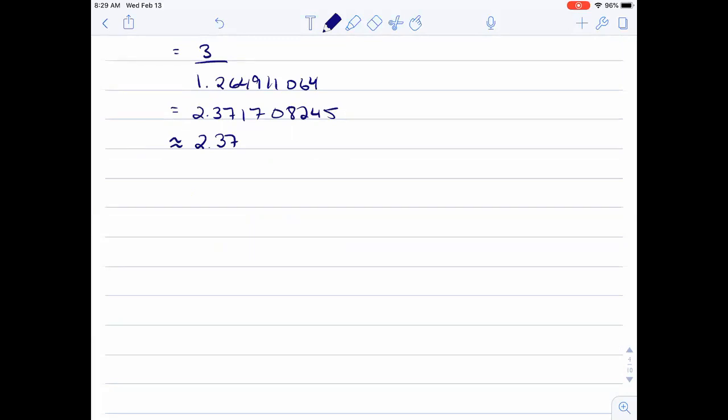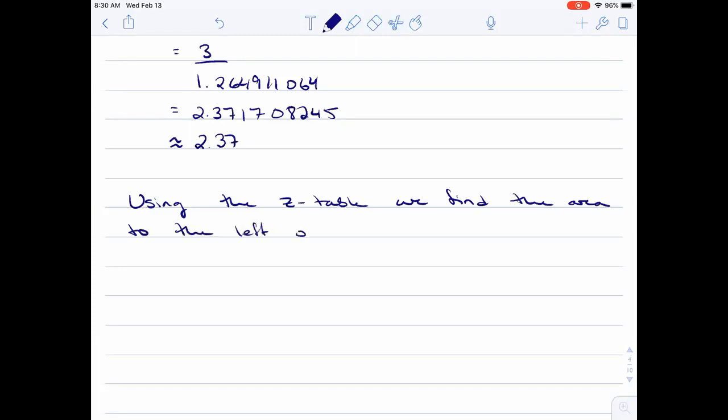So 2.37. So I'm just going to write out what I'm doing here, kind of showing my work. So using the Z table, we find the area to the left of Z equal to 2.37 is, because remember, the Z table only gives you the area to the left. So we'll start there, and if we need the area to the right, we'll find it.